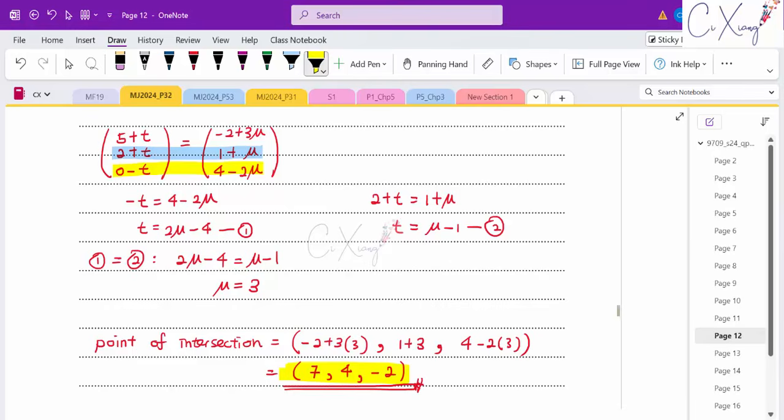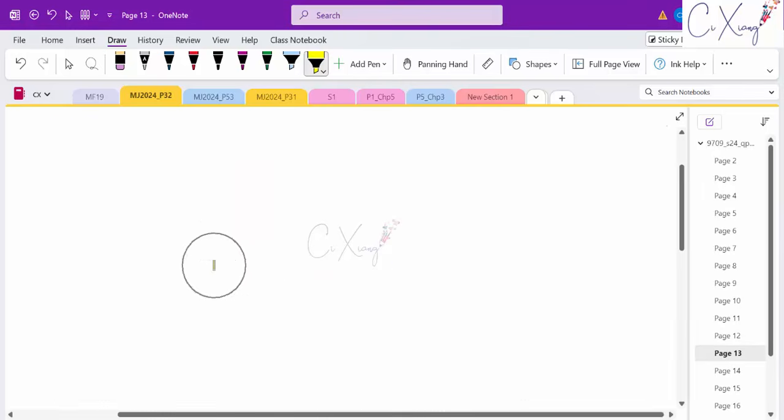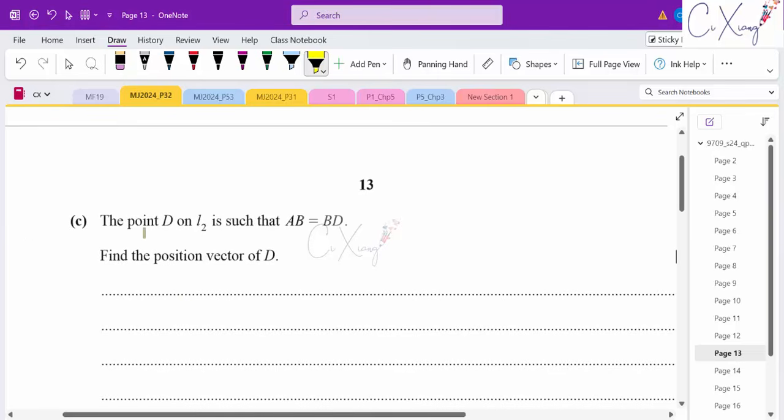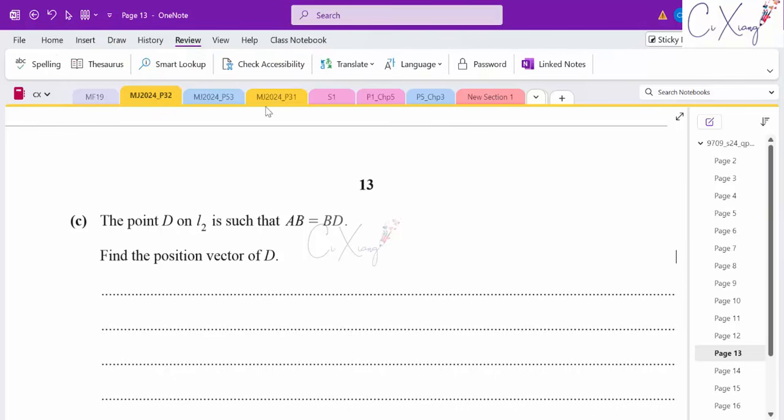Okay, so let's continue to part C. For part C, they are saying that the point D on line L2 is such that AB equals BD. Find the position vector of D. So I have line 2.